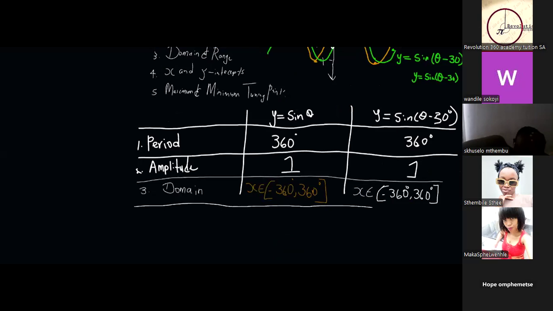Now I think you are getting to understand this because I'm showing you from different angles. So on number 4, what are we looking at? Finding the range. When I speak about the range in maths, it is all possible values of y. So the range of both graphs will be y is an element of, because your graph starts from -1 and ends at 1. You'll write -1. There's someone who's moving my screen, who's writing something.